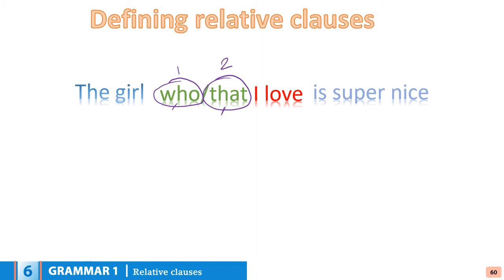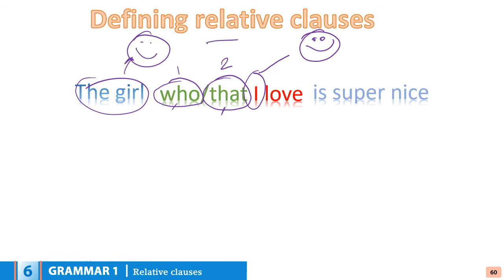But if the person who is here is different from the person who is here, then you can remove who or that and say the girl I love is super nice. Okay?